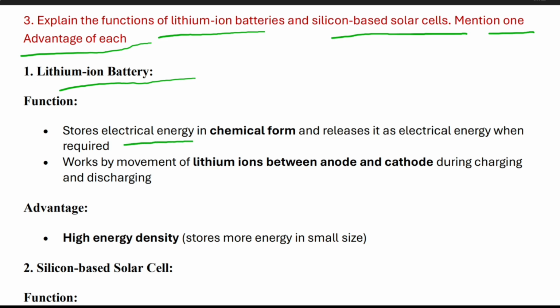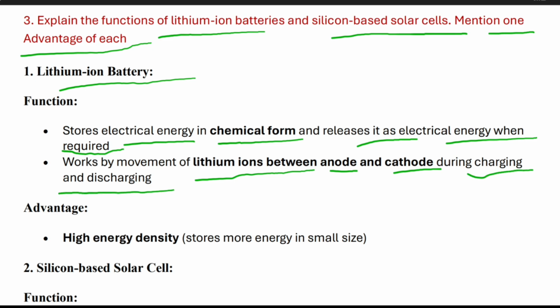They store electric energy in chemical form and release electrical energy when required. They work by moving lithium ions between anode and cathode during charging or discharging. Coming to the advantages, it has a high energy density. You can store more energy in a small size.